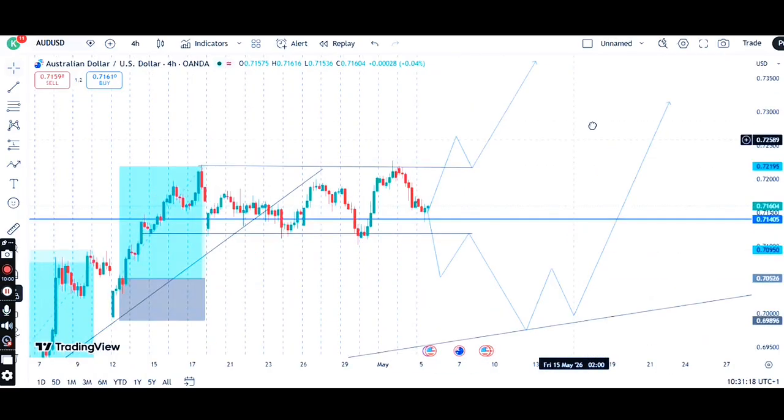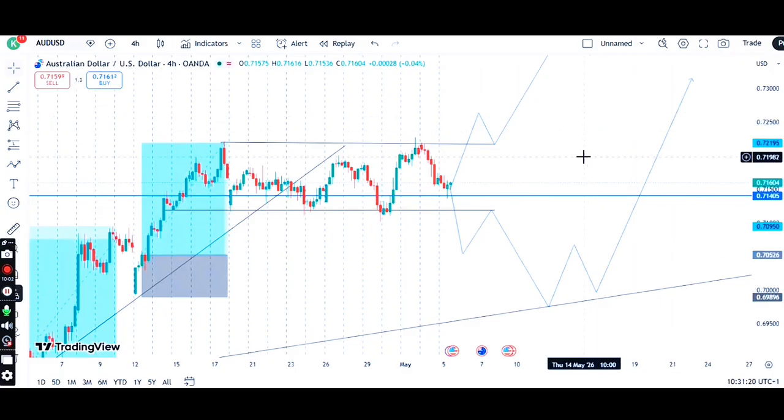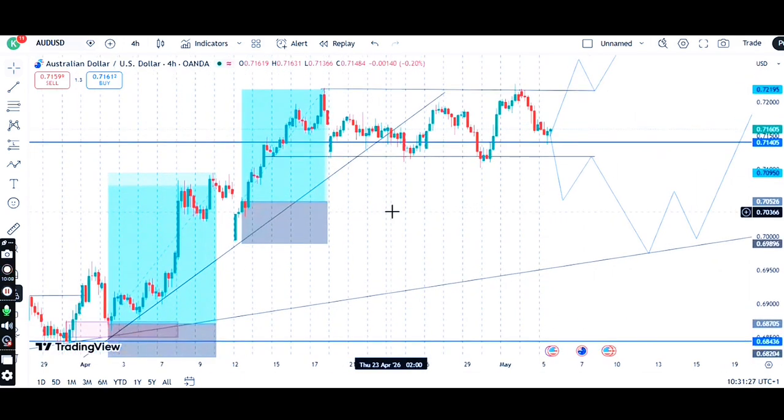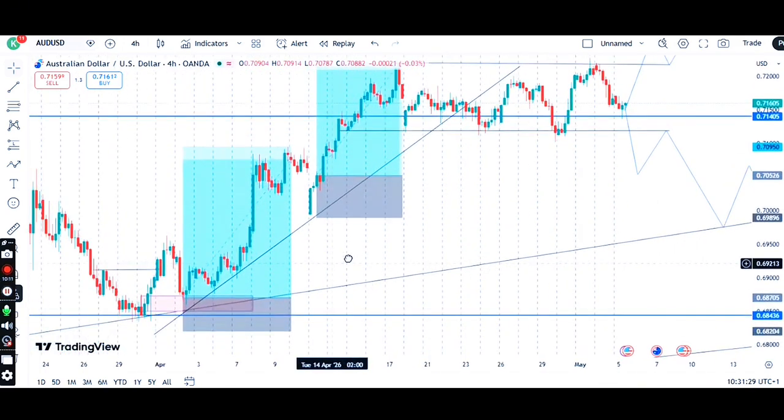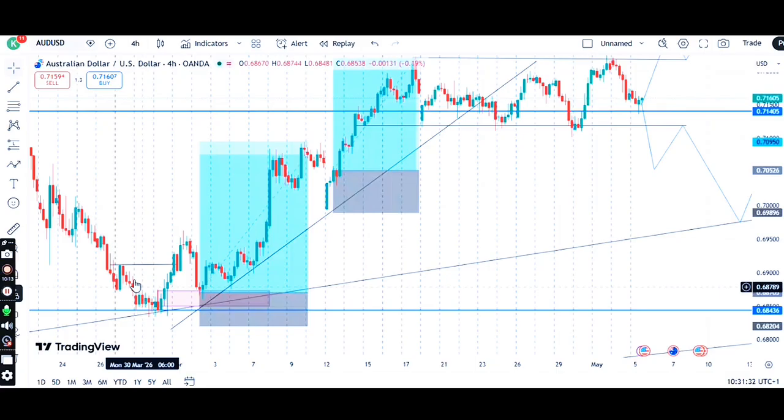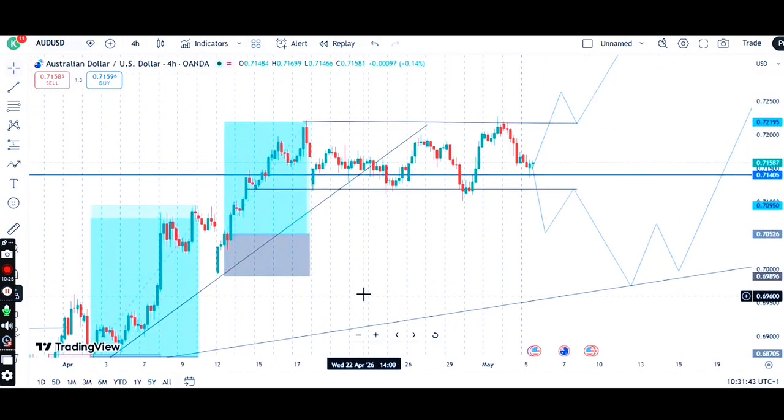So this is how you use market structure in combination with order block, fair value gap, break of structure, and other strategies to find opportunity in the market. So knowing the market structure is very important, because this will help you.